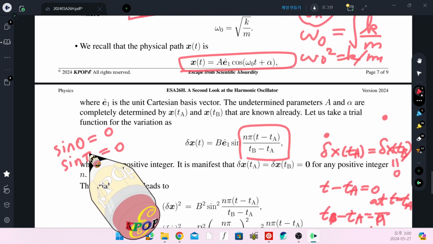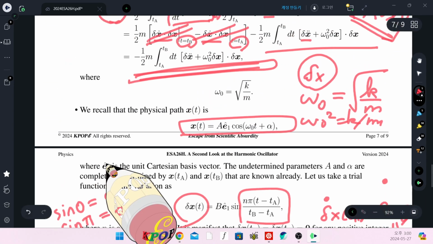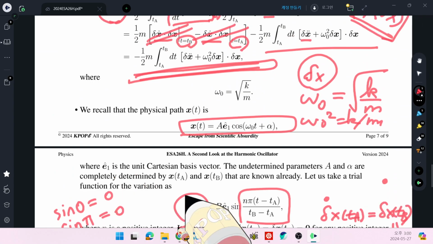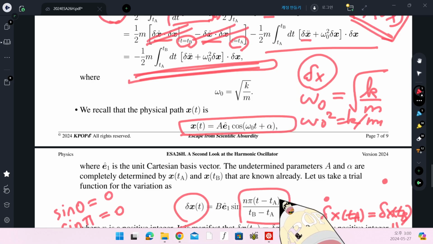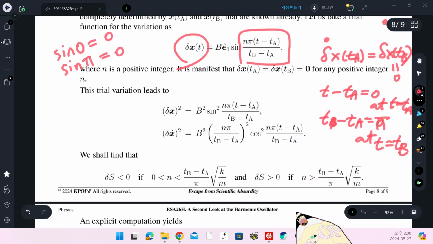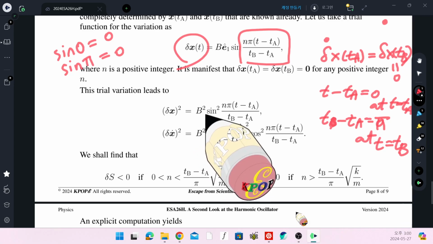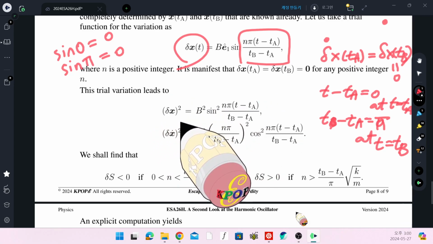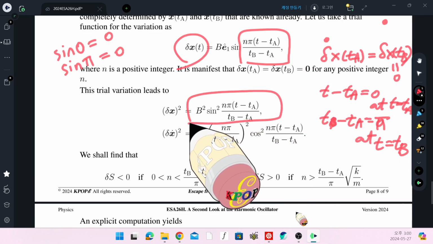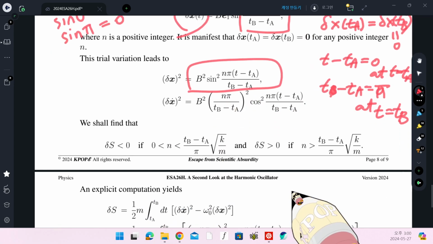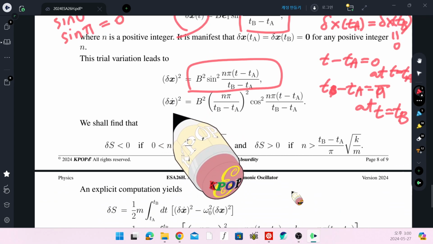Now we substitute this variation delta x into this definite integral explicitly. The substitution is possible. Delta x squared is nothing but the square of this. And what about delta x dot squared?